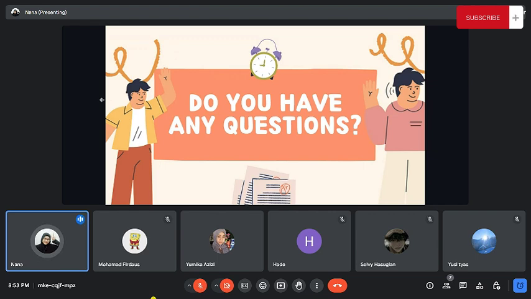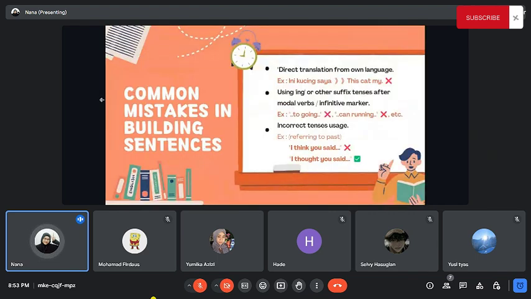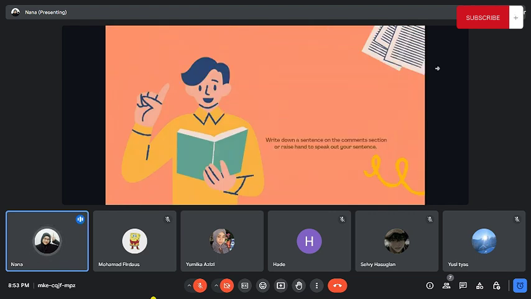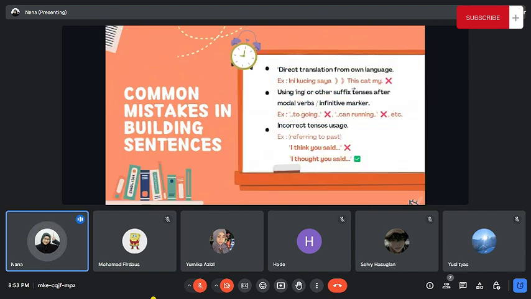Okay, so let's check that slide. Okay, this one. The one I've mentioned, using ing after the words. Modal verbs here are, for example, let me write it down in the comment section.